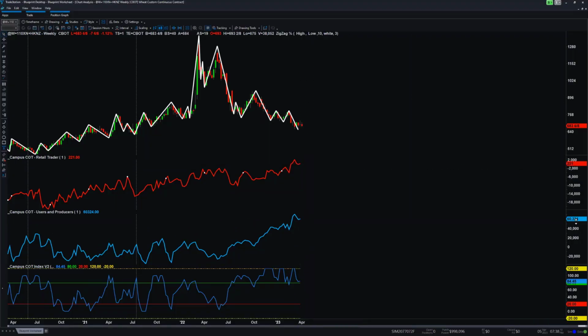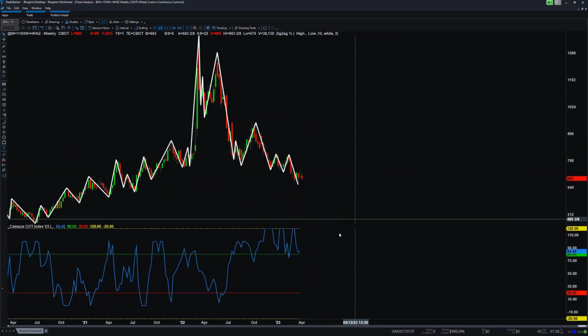Versus the commercials, 60,324 contracts overall that are on the table. So the extremes, they're pretty wide apart from one another in terms of just the net sizes. So then if you want to remove them, you could just remove them again. Don't need them.